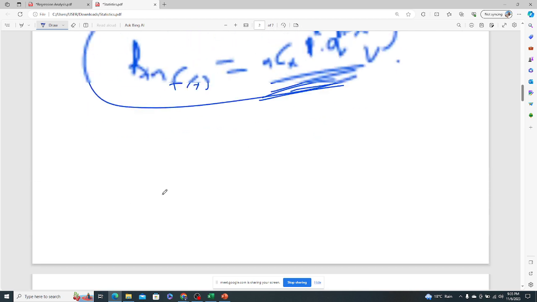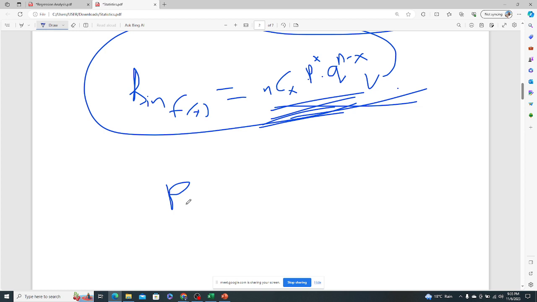We'll also work on the Poisson distribution, with its function being the exponent of negative lambda, multiplied by lambda raised to x, divided by x factorial.